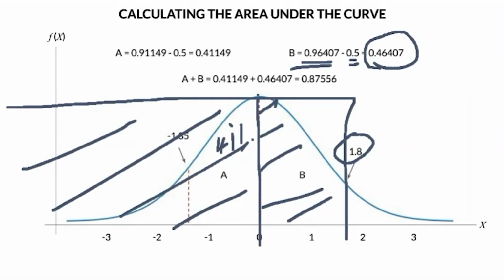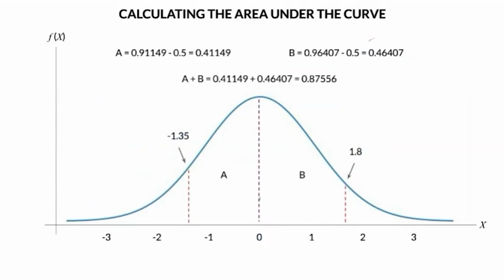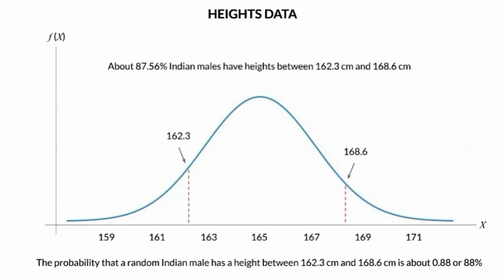So now I have both my values. The area under A is 41%, the area under B is 46%, and you can see the computations on your screen, right? So we have here 0.41149, 41%, 0.46407, 46%. You just add it and you get 0.87556. Okay.